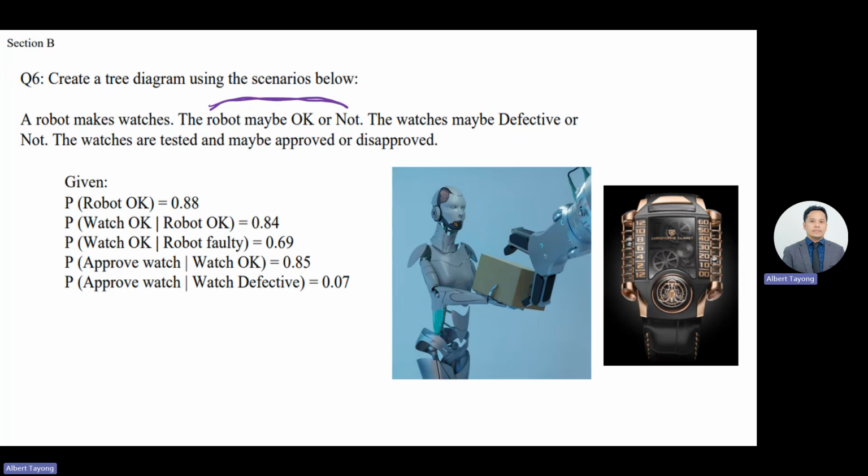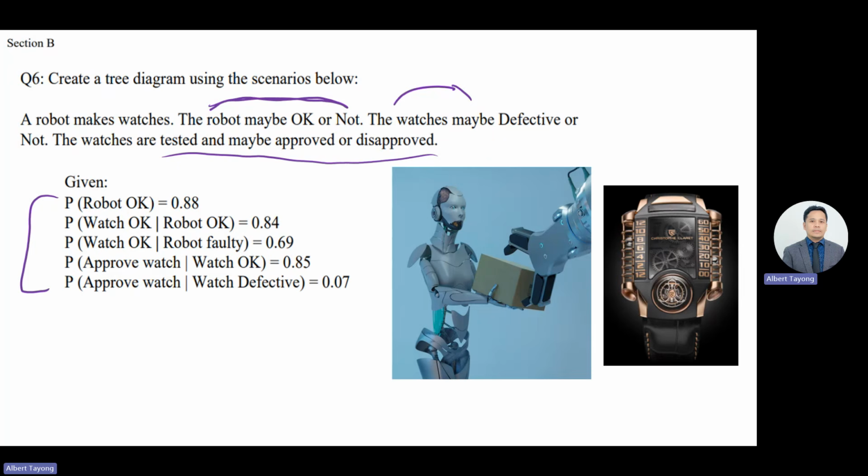Amongst these products are the watches. The watches may be defective or not. The watches are tested and may be approved or disapproved. So these are the given probabilities.